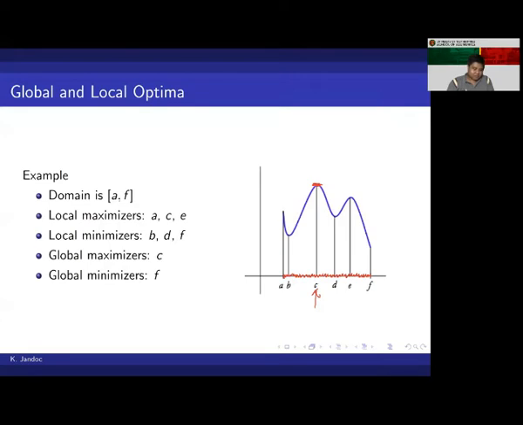On the other hand, where is the lowest value attained in this whole domain?